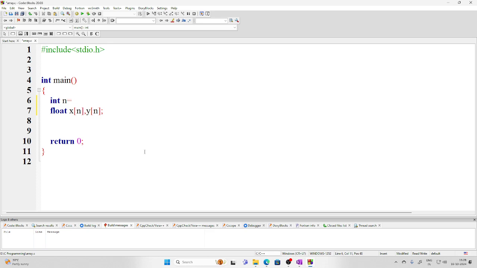Let's ask the user how many nodes he wants. So printf, enter the number of nodes, and then scanf, transferring it to the address of n.